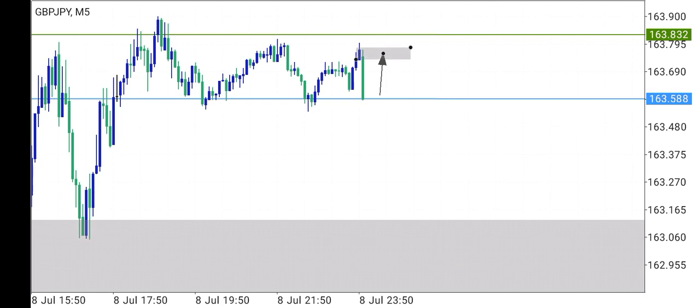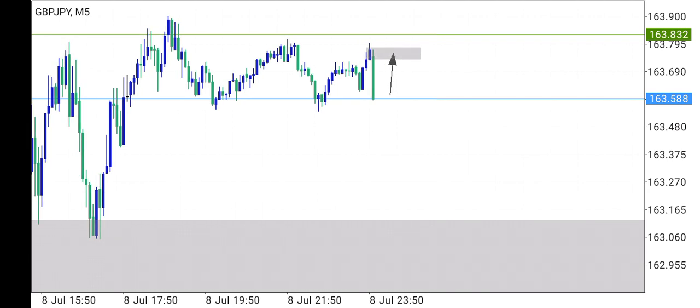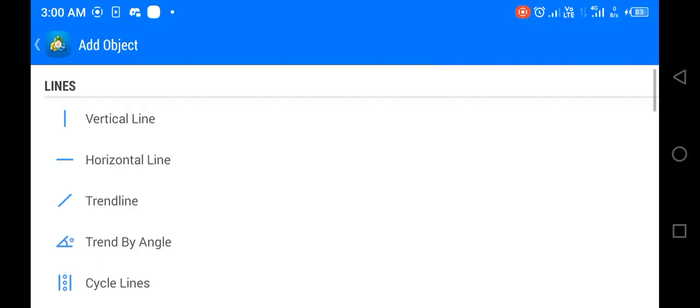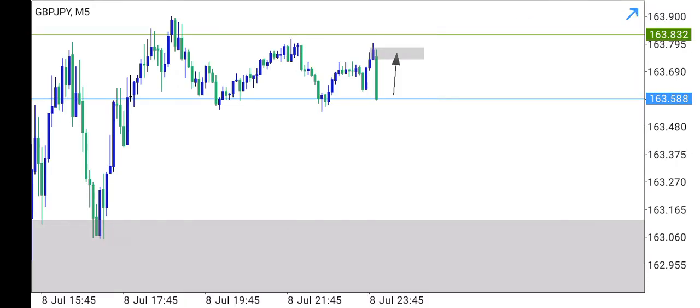Price might push up, gap up to this other block. Then as it has gapped up, the price must fill the gap. It must fill the gap before it starts making its normal movement.